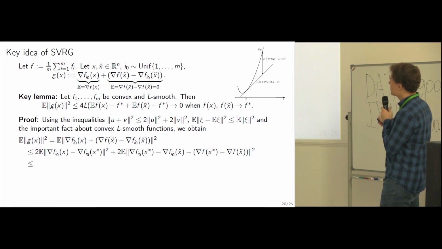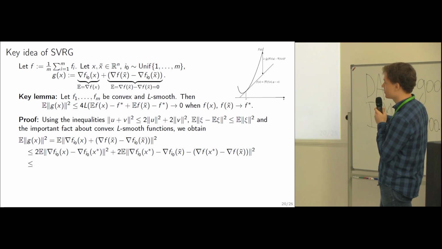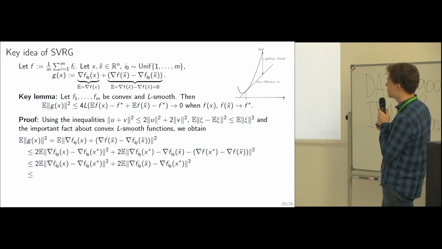And note that this is a very interesting expression because this is exactly the expectation of this. So this is the variance of this thing. And we know that the variance can be upper bounded by the second moment. We already talked about this. So what we can do, we can simply drop these two terms and we obtain this thing.